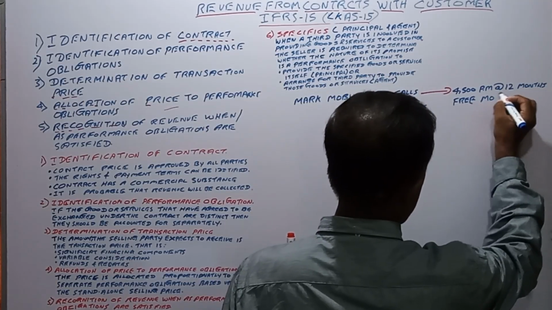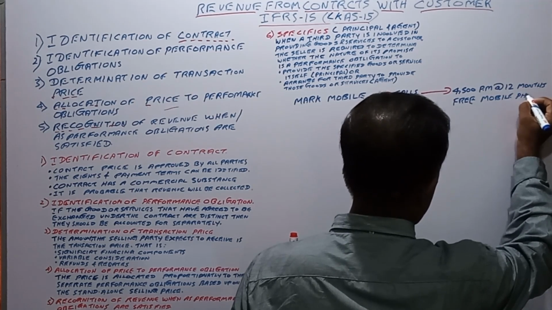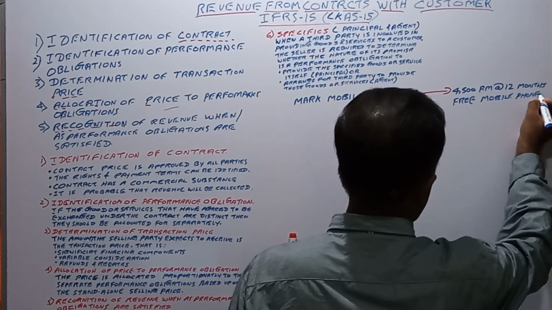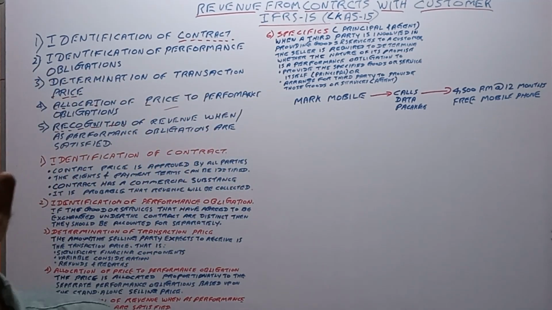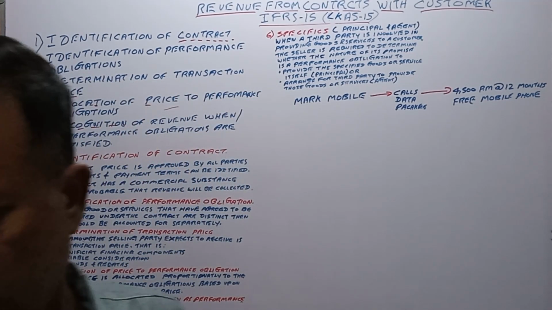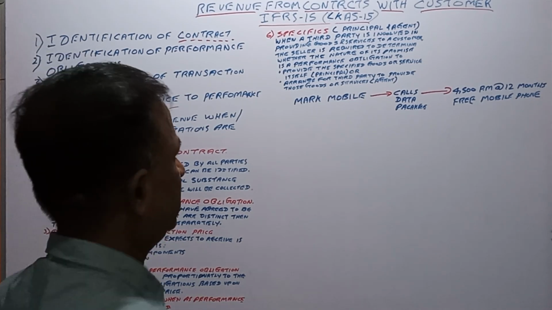Then they provide a free mobile phone to you. The contract costs the customer 4,500.